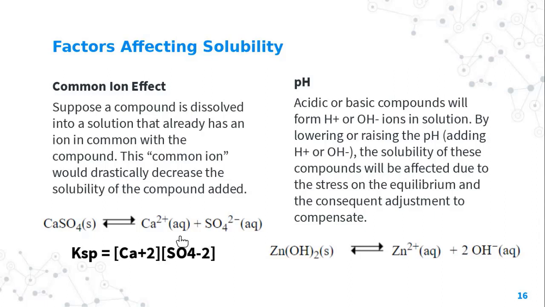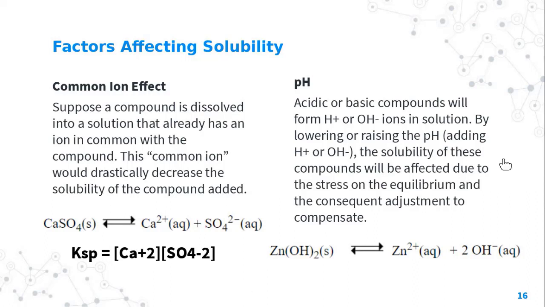Imagine you already have calcium ions in solution. So when you put in calcium sulfate, it's not going to want to move over to the right as much. It'll move over a little bit, but not as much. Imagine if you didn't have any of the calcium, it'd want to move over.